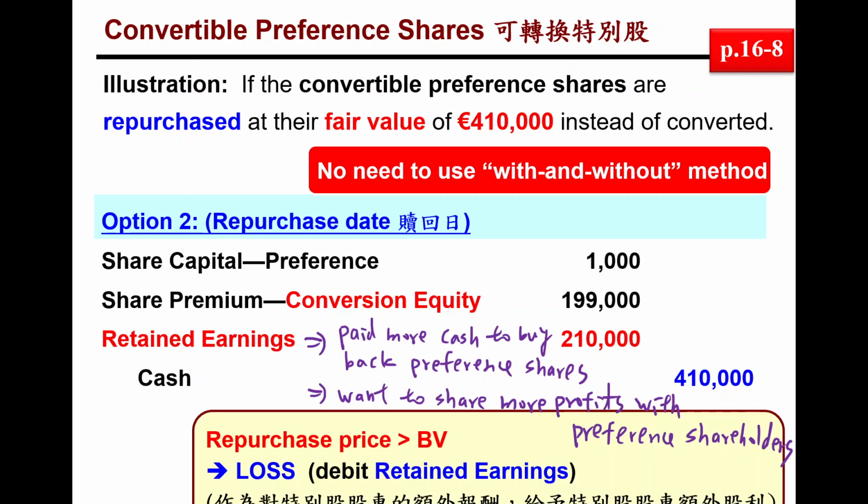Retained earnings is usually the account we use to share profit with shareholders. So today we decide to give preference shareholders more money, then buy back the shares.